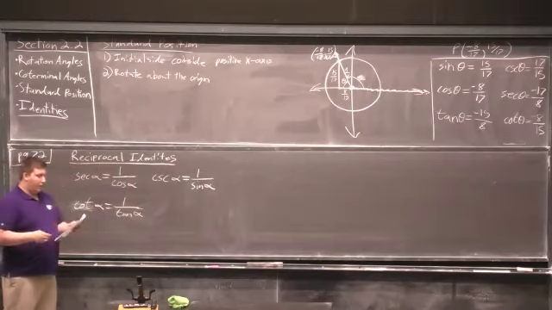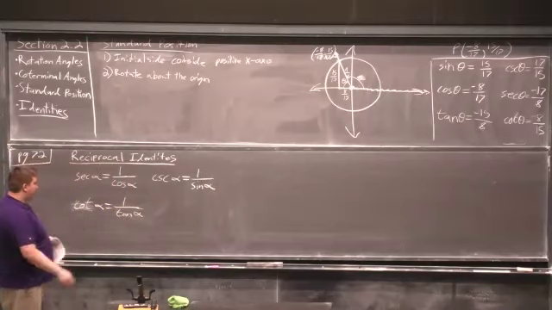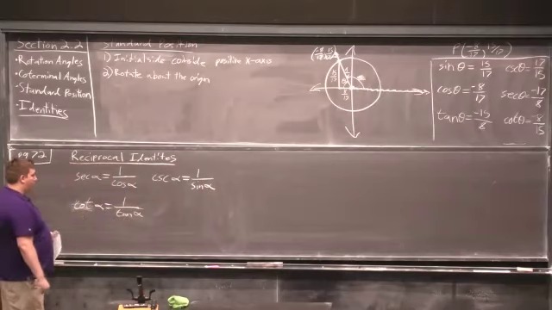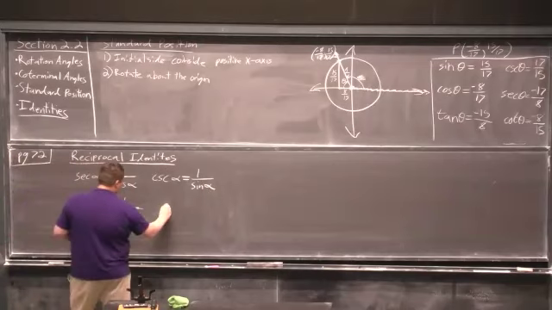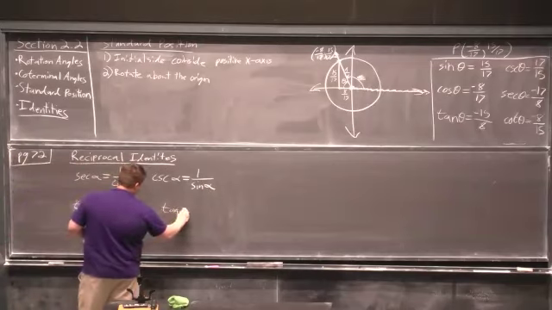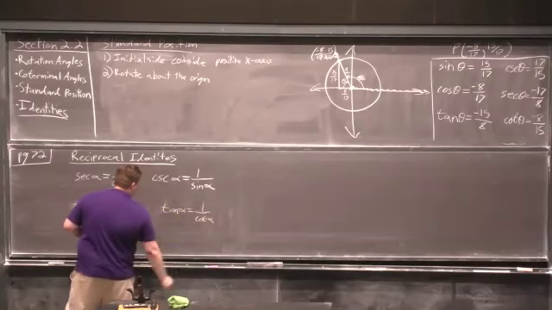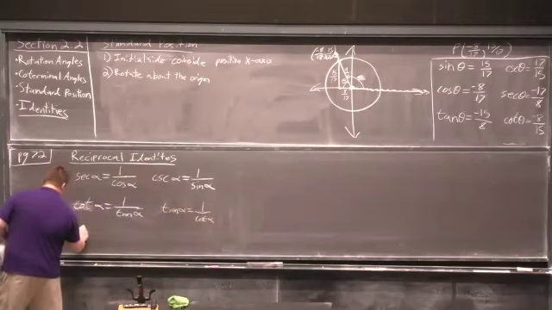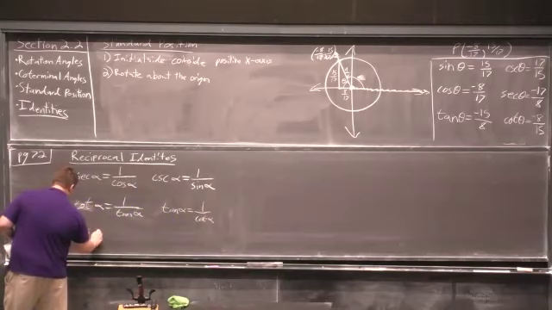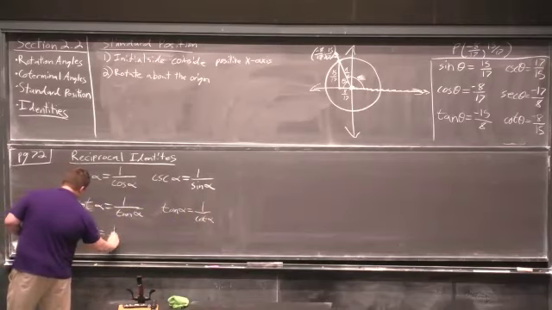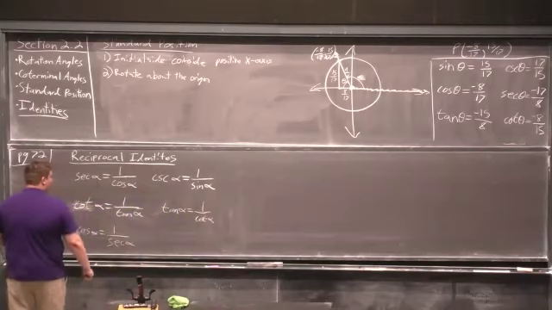Now you get all the other identities back as well, so I can state that tangent of alpha equals 1 over cotangent of alpha, and cosine of alpha equals 1 over secant of alpha.